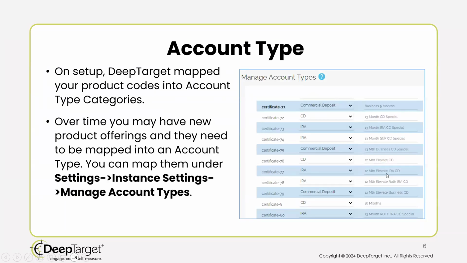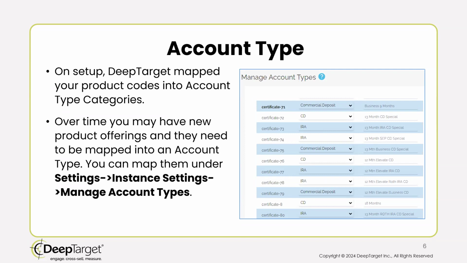So let's take a look at the next slide. On setup, Deep Target took all of your product codes and mapped them into account types, which you see down in that middle column. Those are the categories you have there. Over time, you may add new products. That happens all the time, particularly for CDs or new IRA offerings. You've got special jumbo things going on. That's really common.